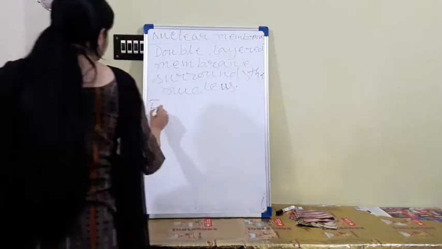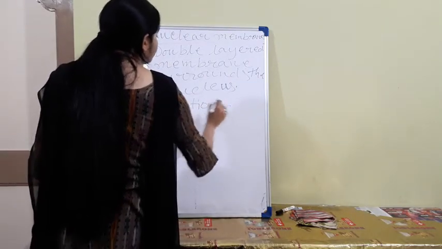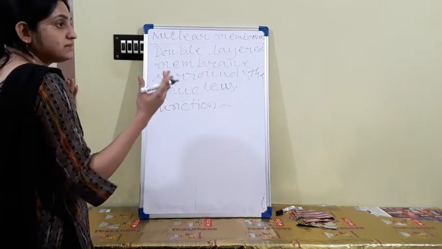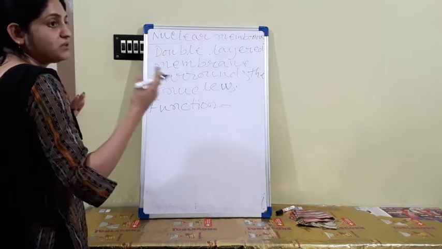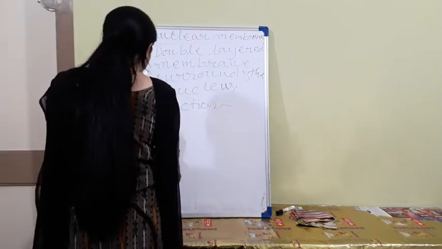What is the function of the nuclear membrane? The nuclear membrane contains pores, small holes, which help in gaseous exchange and help to transfer material between the nucleus and cytoplasm. Okay, inside and outside.